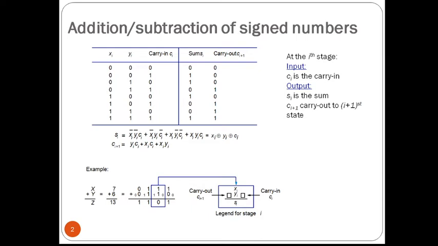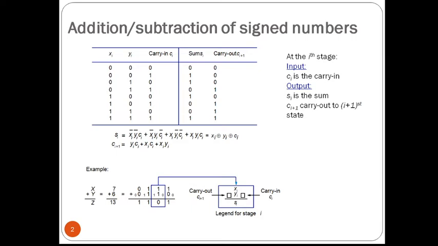First we have the x input, y input, and the carry input. When xi and yi are 0 0 and carry in is 0, sum will be 0 and carry out will be 0. When x and y are 0 0 and carry is 1, then sum is 1 and there will be no carry.